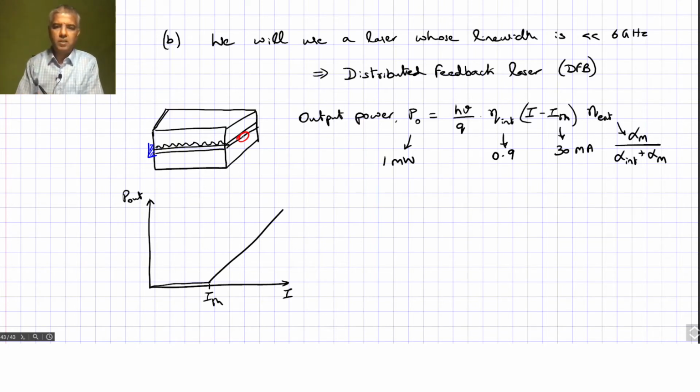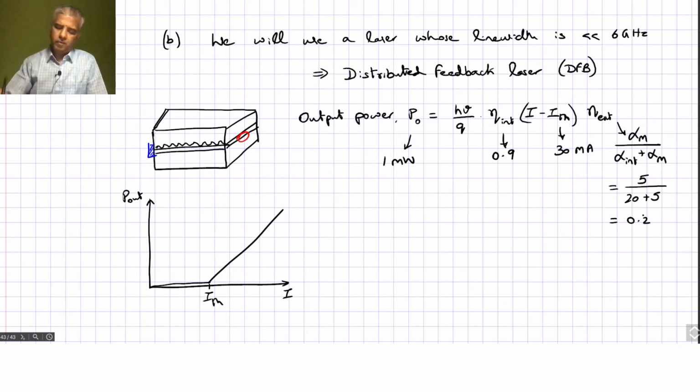As far as the cavity is concerned, only this mirror is providing the losses. So you can write this as alpha m over alpha int plus alpha m. The denominator denotes the total losses in the cavity. So this is 5 over 20 plus 5, which is 5 over 25, or 0.2.